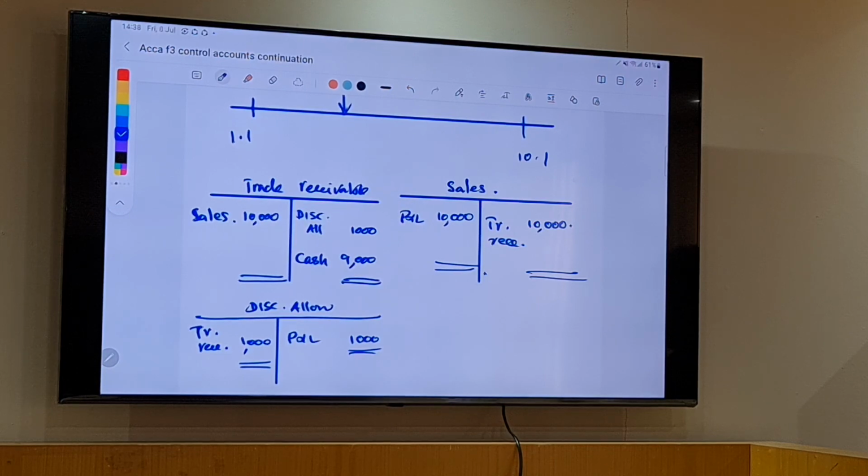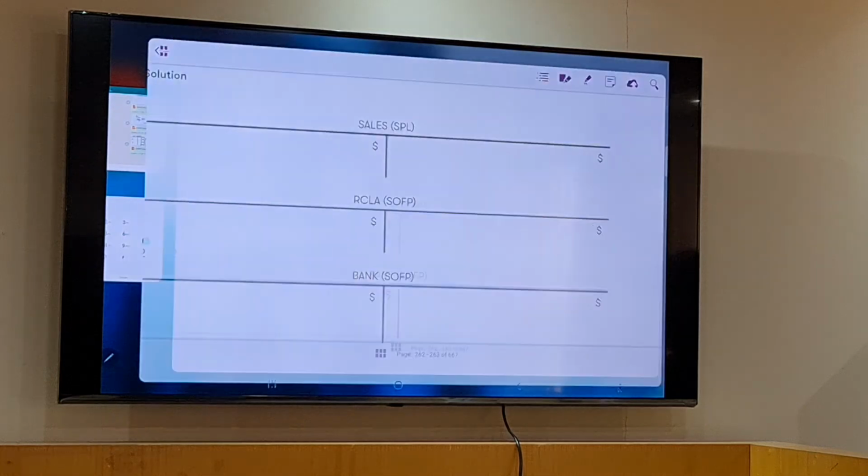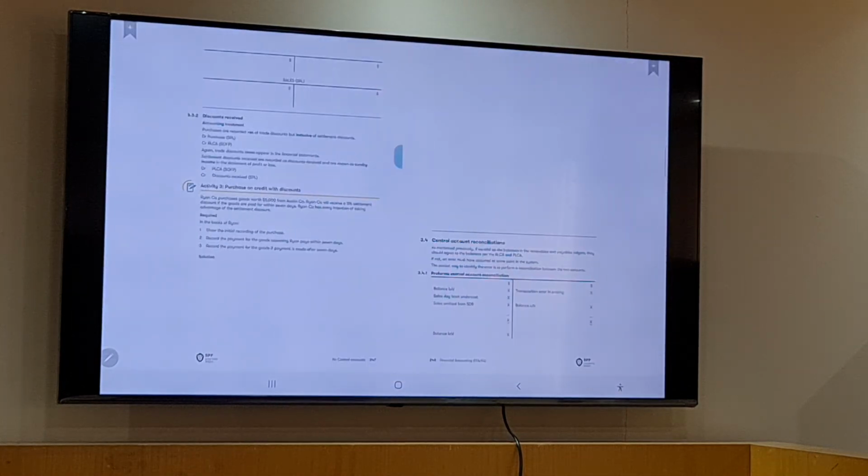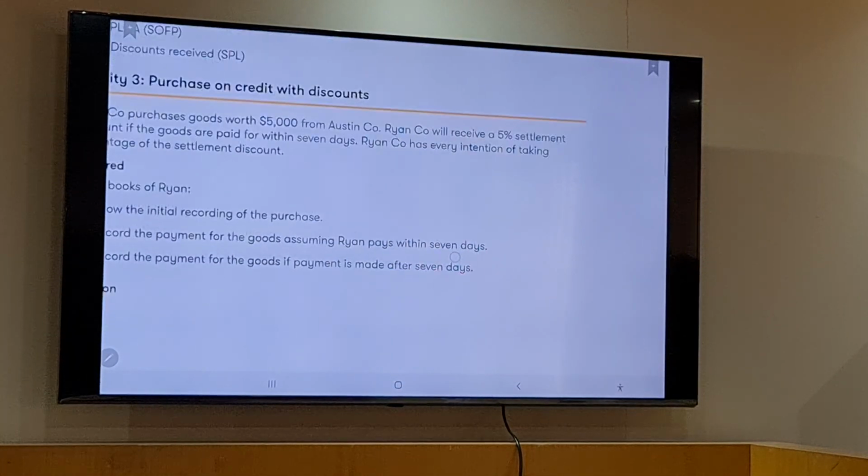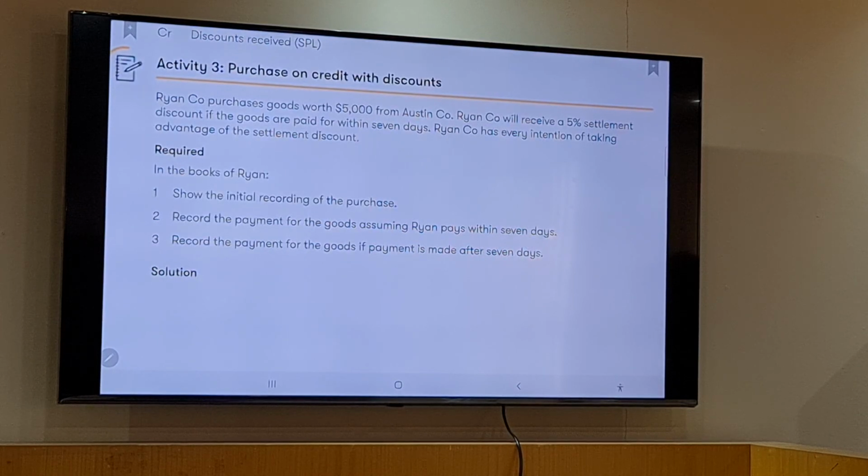Clear? So this is the complete answer for this question. Okay, let's try this one. And then we open it.